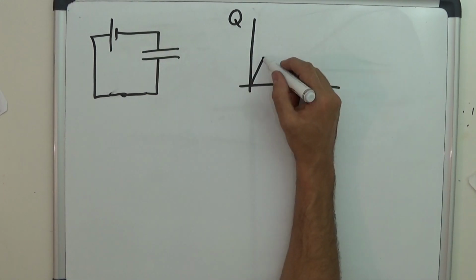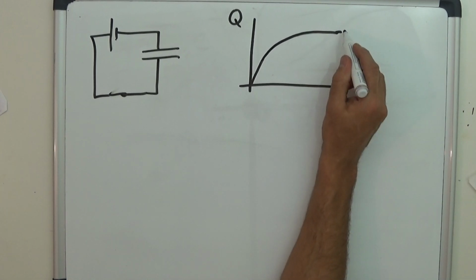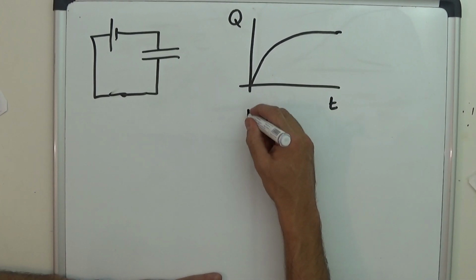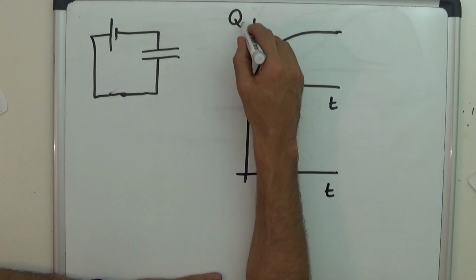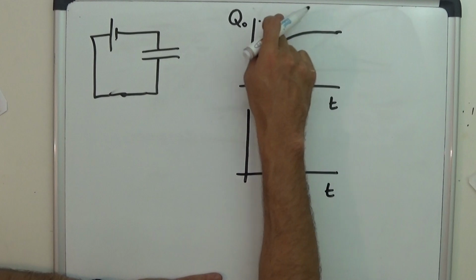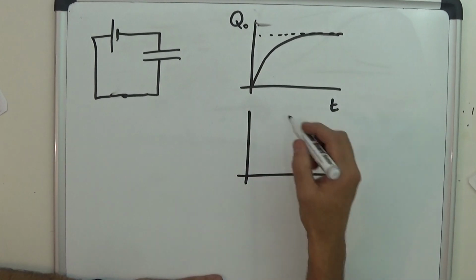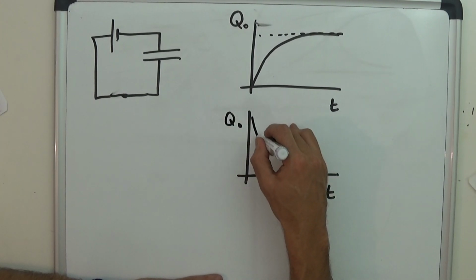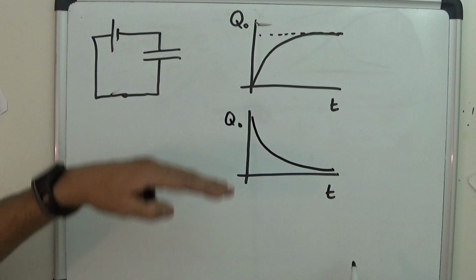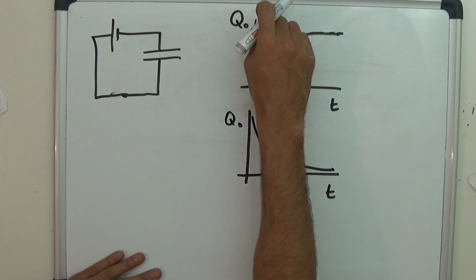And then as it builds up over time, this is going to diminish. And so if we had a graph of charge versus time, that's Q naught, Q naught being fully charged. You can see basically it's the inverse scenario, it's the opposite situation.